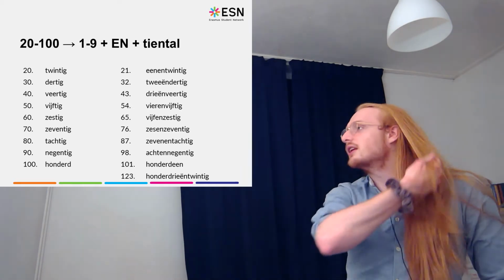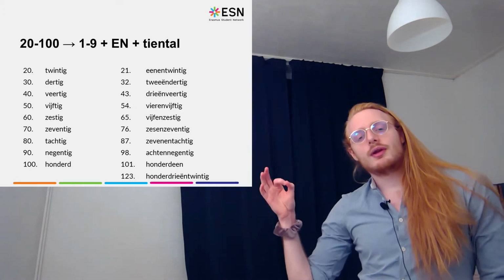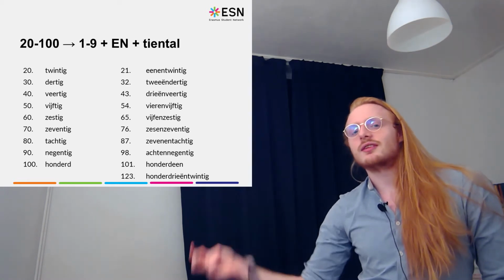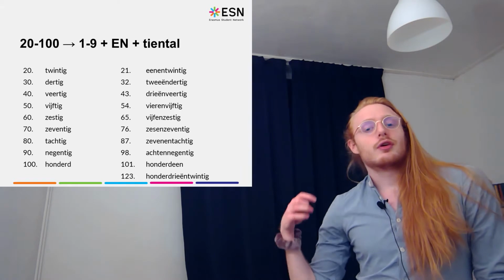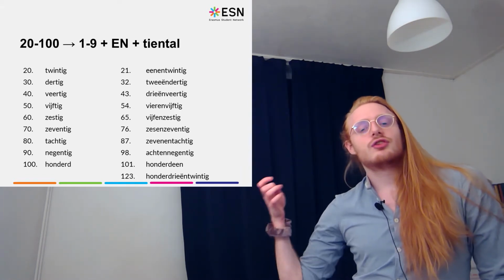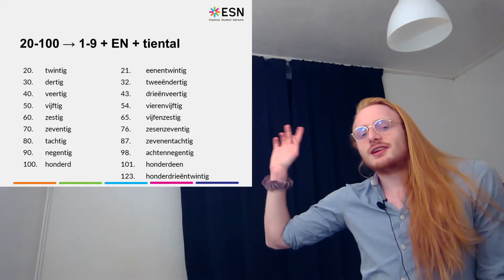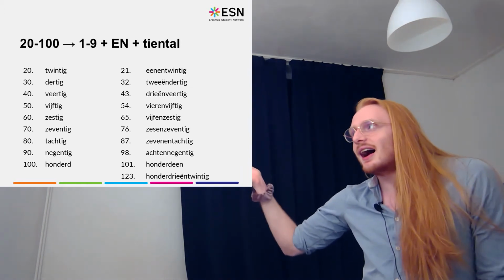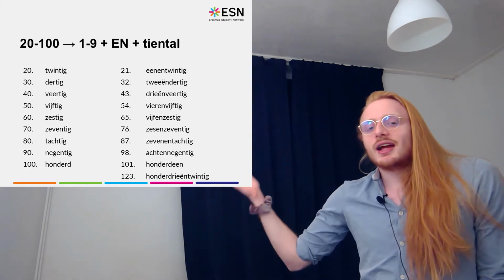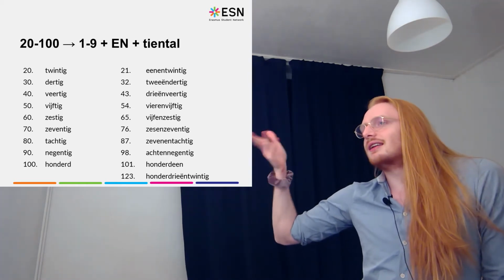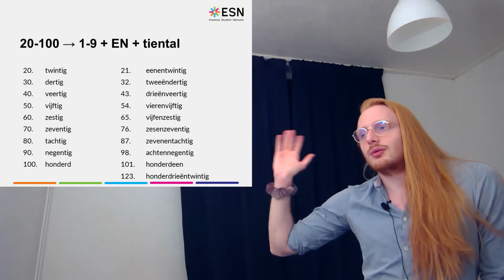And so you can see in the second column, we would pronounce it as not 21, but een-en-twintig. Not 32, maar twee-en-dertig. Now, some of you might see this diaeresis and think, what is it? Well, diaereses or umlauts in Dutch don't indicate a change of pronunciation like they do in German or Swedish.